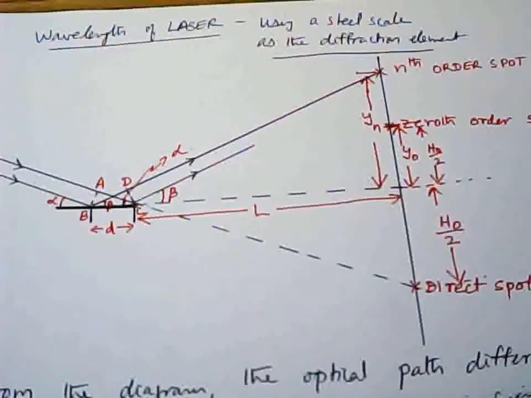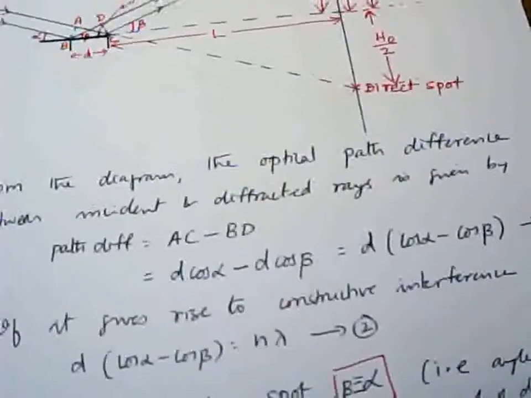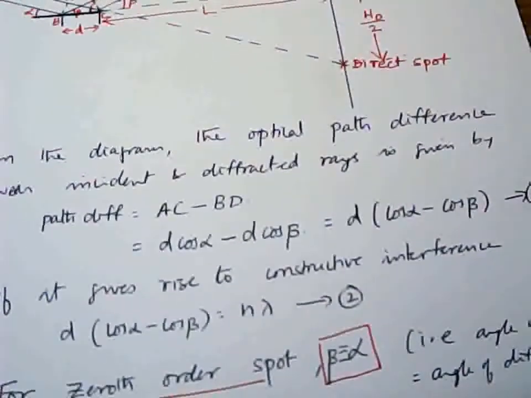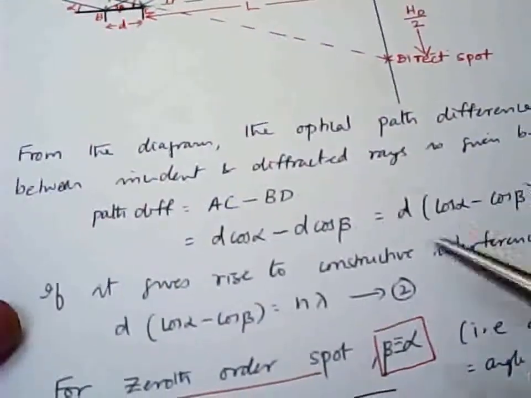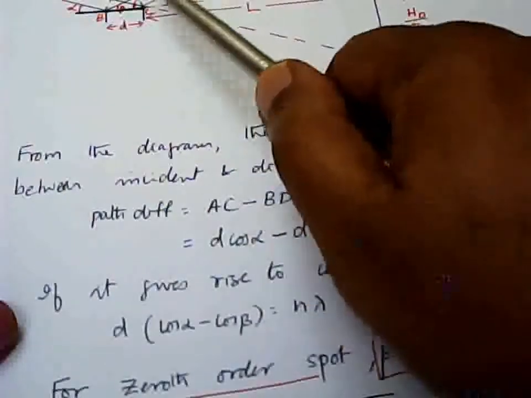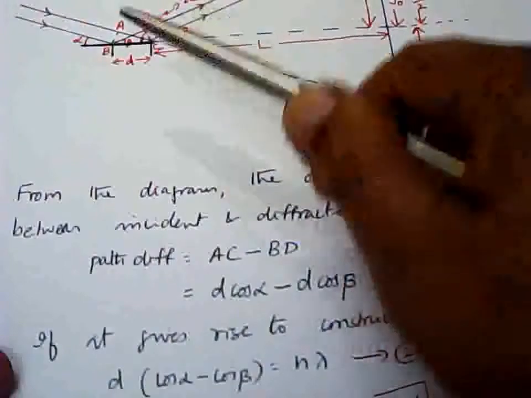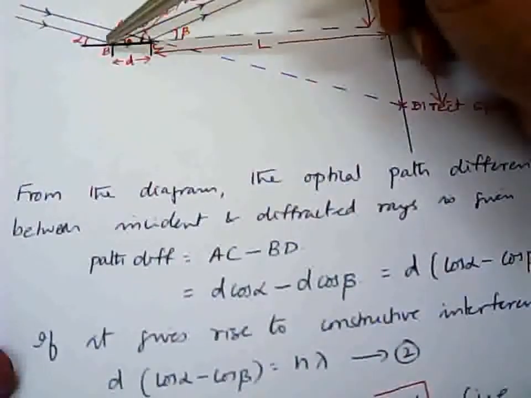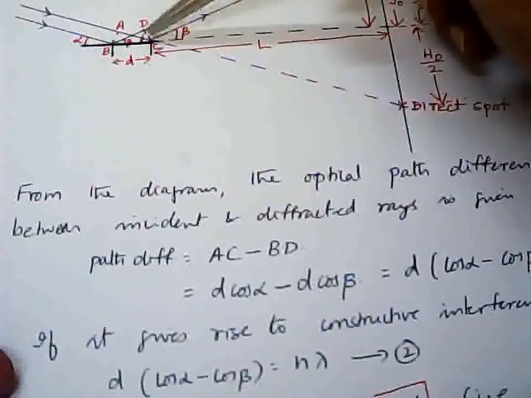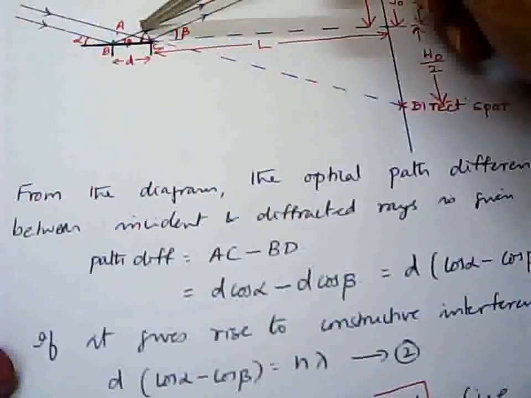Now from the theory, from the diagram, what we can see is that there is an optical path difference between the 2 rays. Okay. So in our case, the optical path difference is basically, you can see this perpendicular line drawn here, and this is a perpendicular line drawn here.